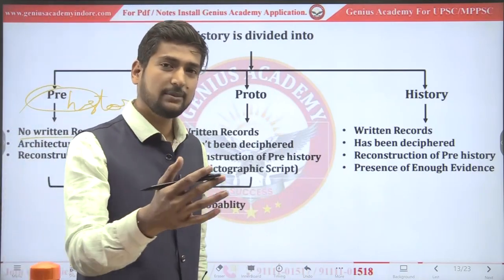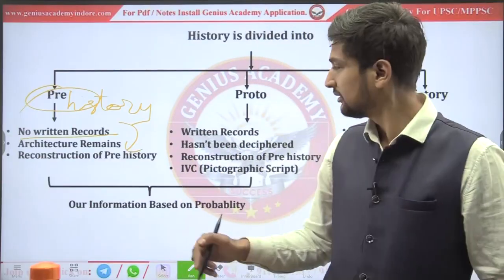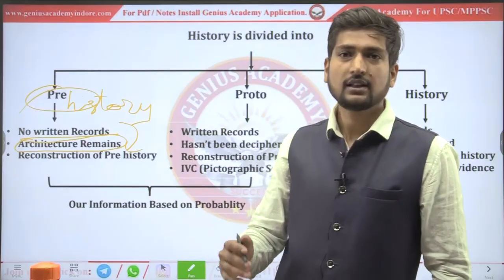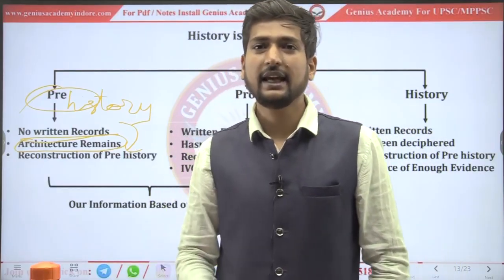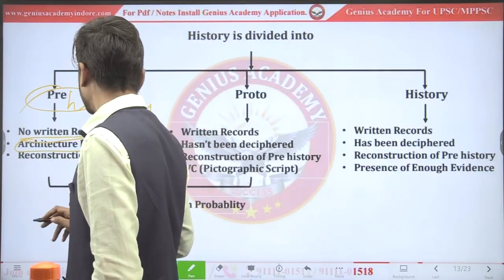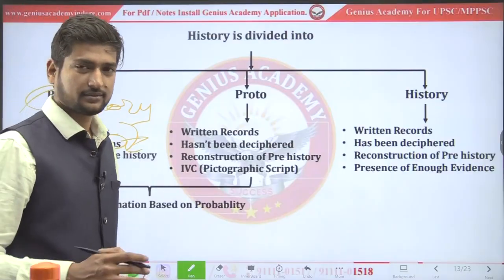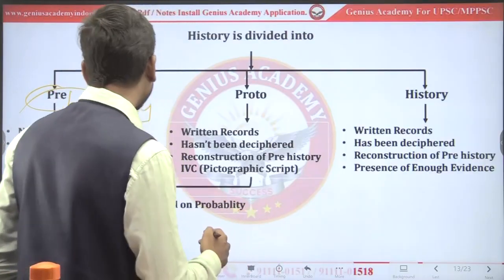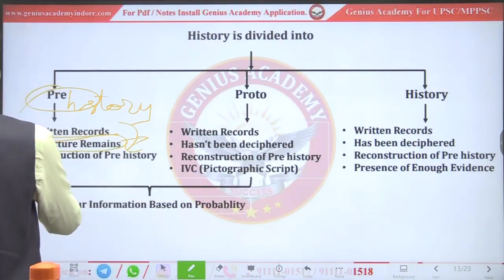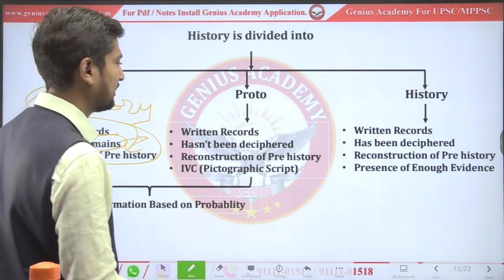At that period of time, stones were the main source of archaeological remains: stones, flakes, axes used by those people to cut the flesh, to kill the animals, to hunt. Those are the remains and evidences. On the basis of those, we are reconstructing the prehistory.